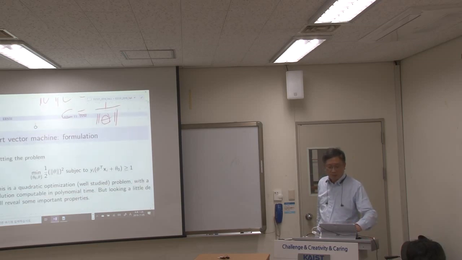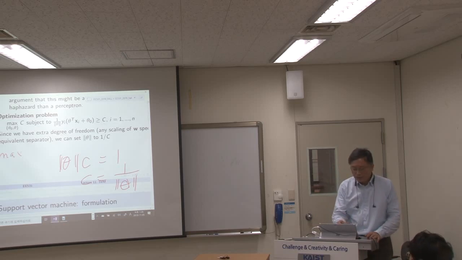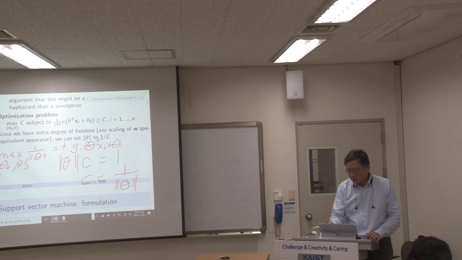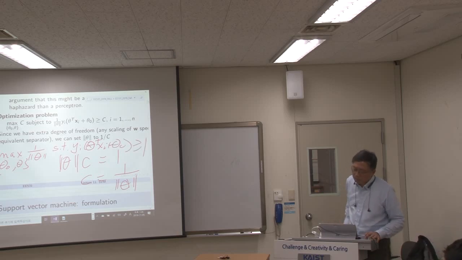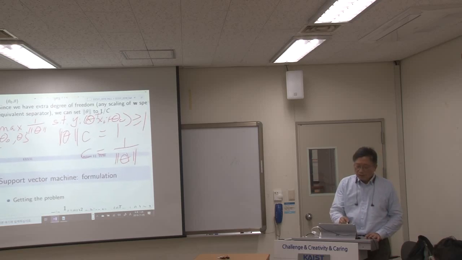So that problem can be turned into maximize 1 over the magnitude of theta, subject to y_i (theta transpose x_i plus theta naught) greater than or equal to 1. Okay? Then what I'm going to do is say, oh, maximize the inverse of that.